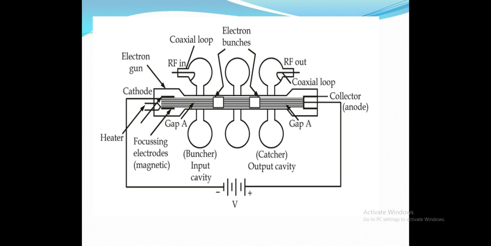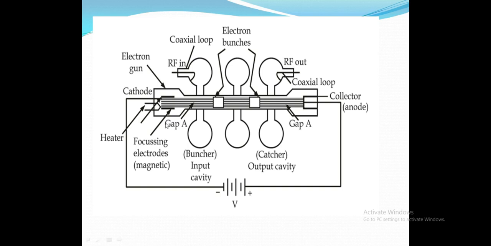Due to its strong field strength, the excitation of electrons takes place and we get an amplified output from the catcher cavity. If the number of cavities increases, the gain of the multi-cavity Klystron also increases. The beam is then collected by the collector electrode.